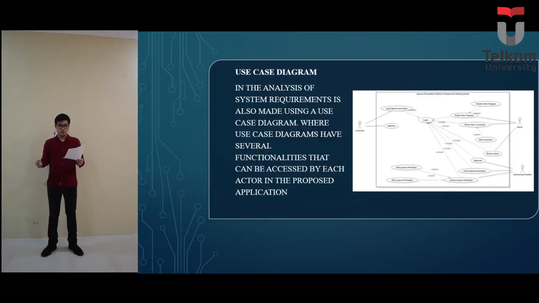Okay, for the use case diagram, in the analysis of system requirements it is also made using a use case diagram, where the use case diagram has several functionalities that can be accessed by each actor in the proposed application.